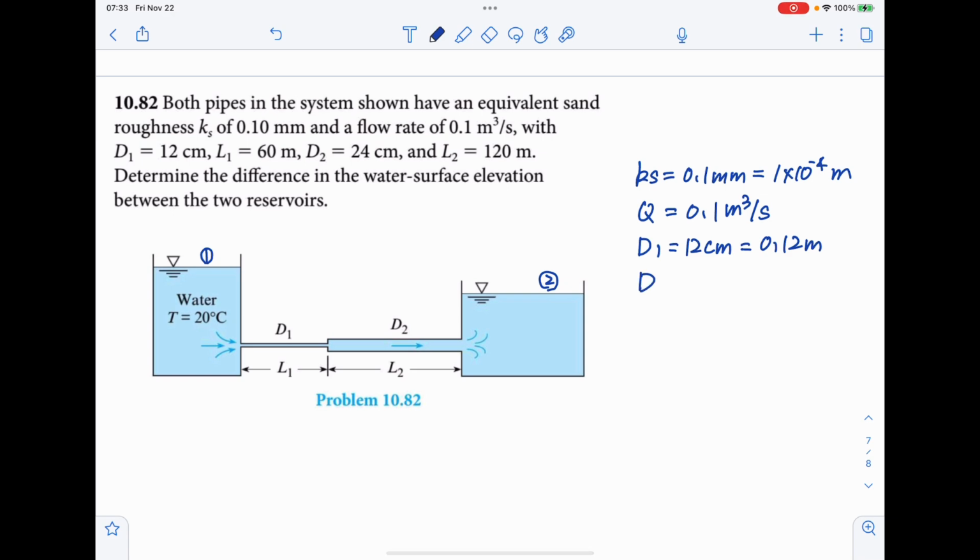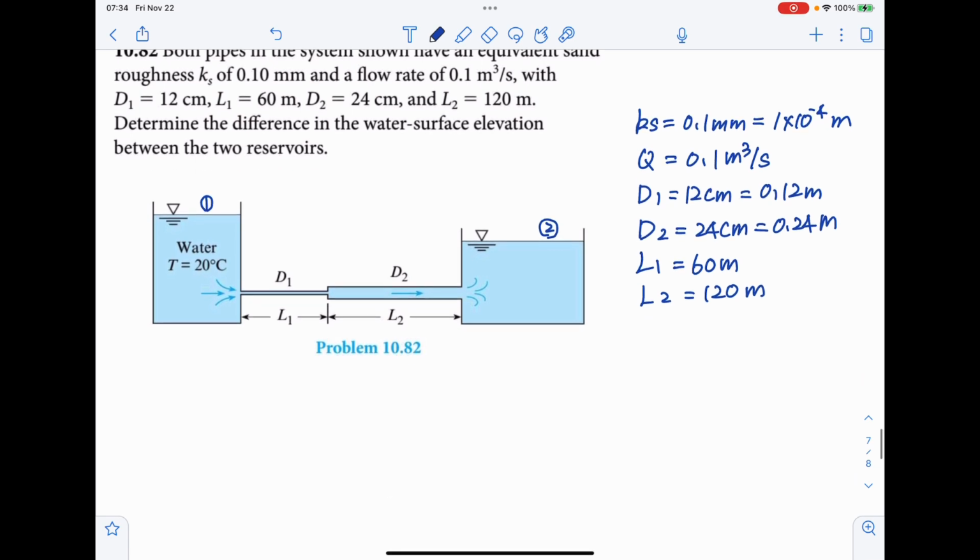D2 is 24 centimeter, so it's 0.24 meter, and L1 is 60 meter, L2 is 120 meter. The water temperature is 20 degrees Celsius, so the corresponding viscosity is 10 to the negative 6 meters squared per second.